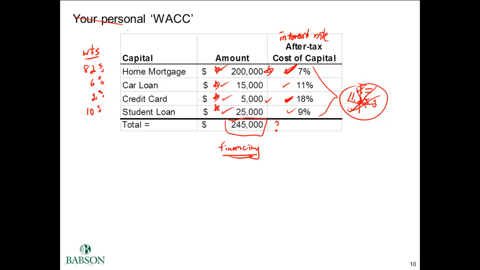So the second step is to apply those weights to the interest rates. So 0.82 times 0.07, 0.06 times our 11% rate, a weight of 2% times the 18, and a 10% weight times an interest rate of 9.